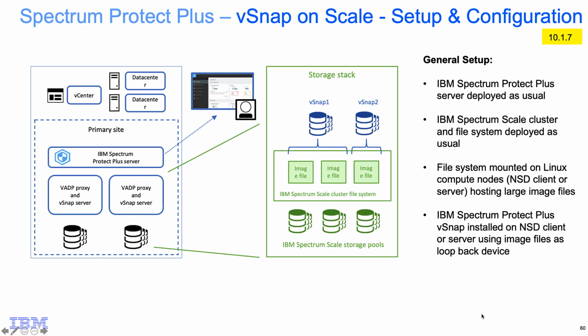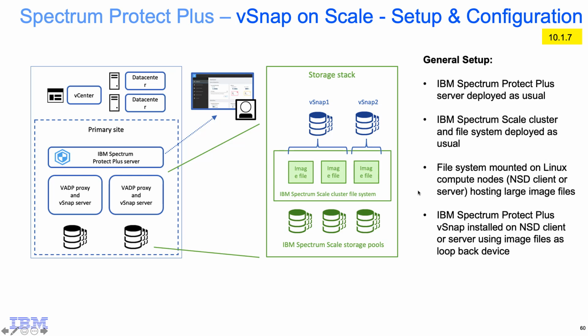You're going to install an IBM Spectrum Scale cluster and file system as usual, and then you're going to mount the file system on Linux compute nodes using large image files. And then the IBM Spectrum Protect Plus vSnap is going to be installed on the NSD client or server using the image files as a loop backup device. Now that's a very high level description.